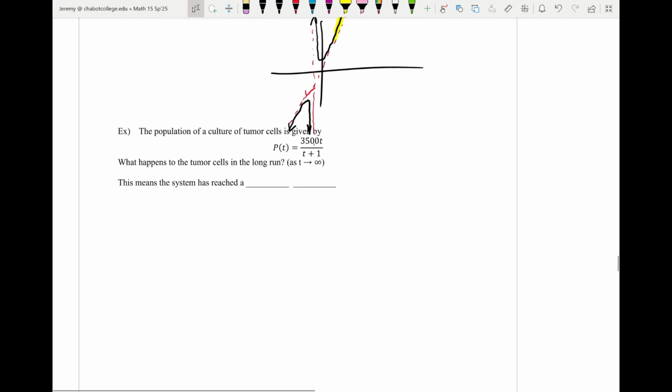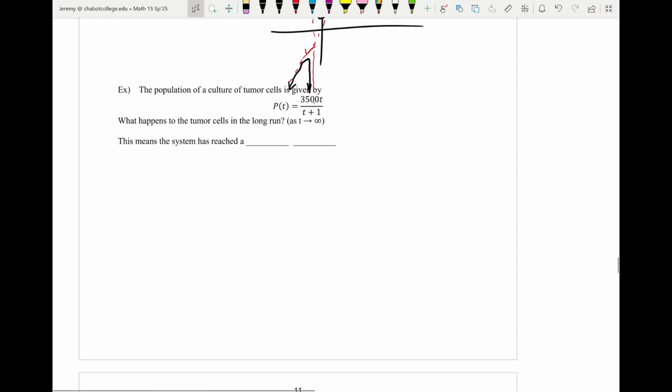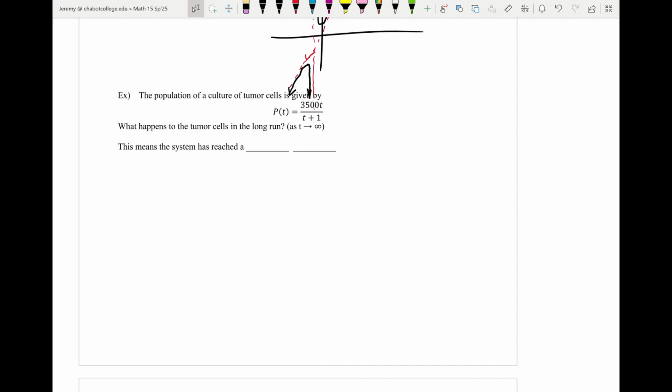Okay, so in this next example, we're looking at a population of a culture of tumor cells. And we found that this population is modeled by this function here, which is a rational function. We would be very interested in what is happening to the population of this culture of cells, right? Is it increasing without bound?